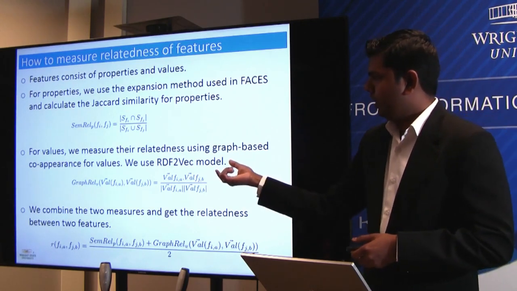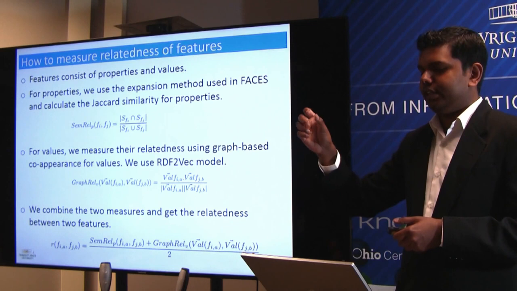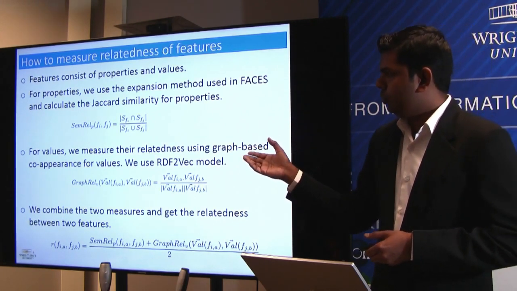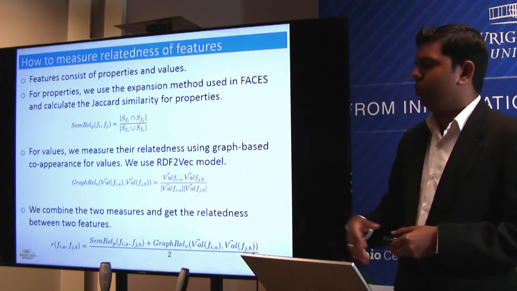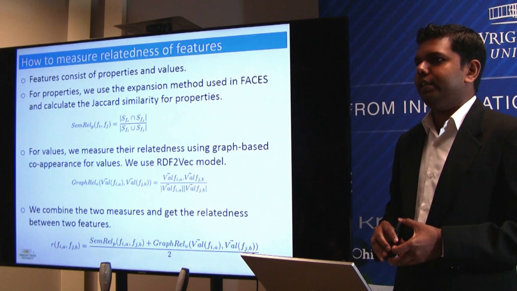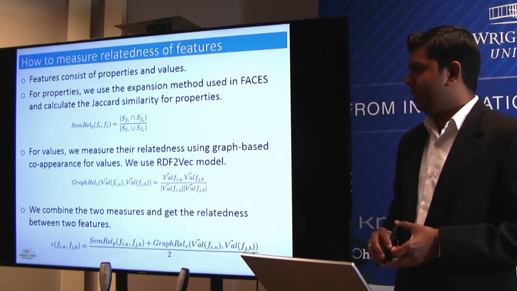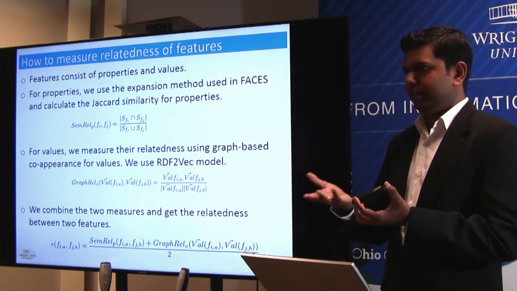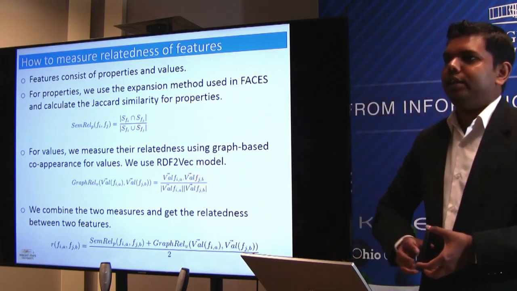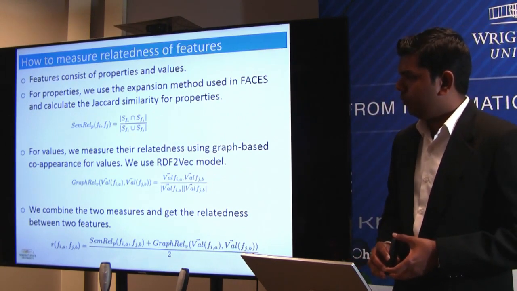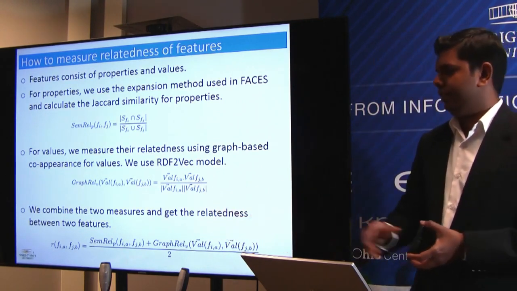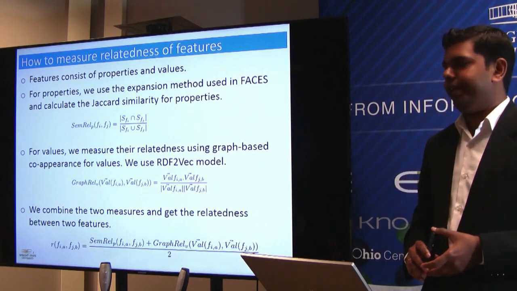And then for entity relatedness in the feature, the value part, we use a proposed approach called RDF2Vec, which provides vector representations of entities in knowledge graphs based on their co-appearance in paths. We take the cosine similarity of the two entity vectors, and then we combine them, and this is how we are going to measure the relatedness.